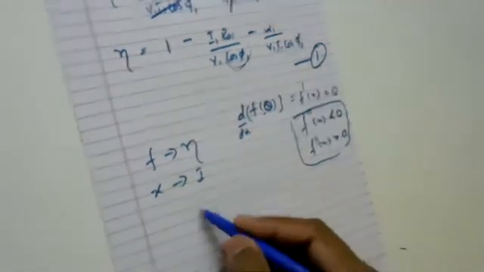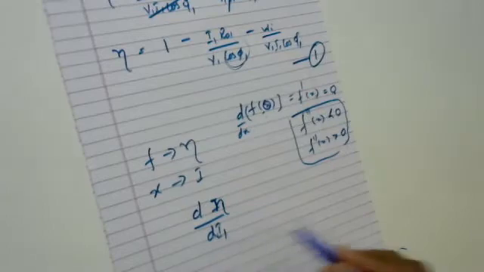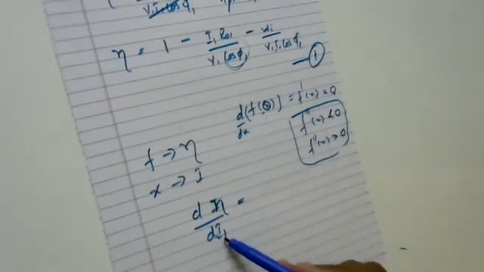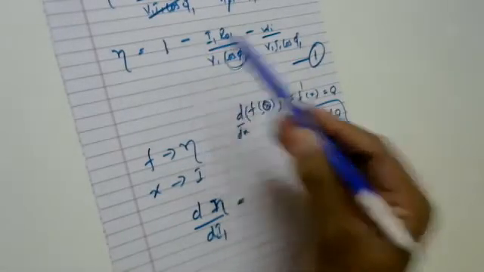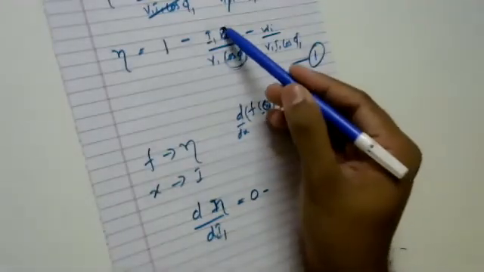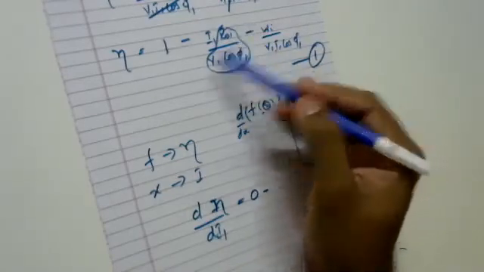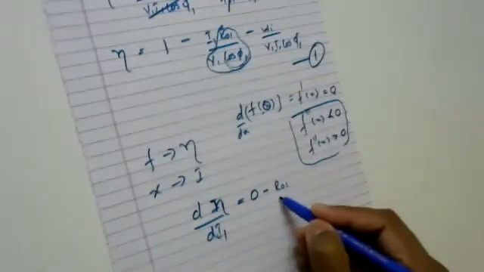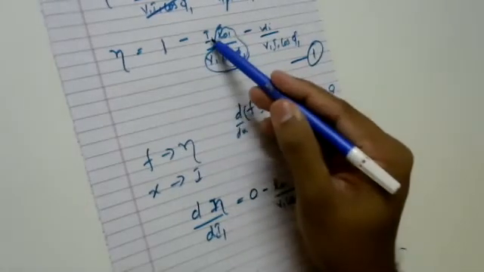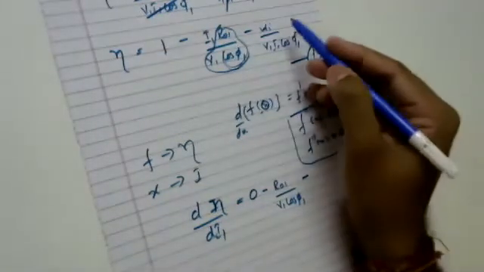So what are we doing now? d eta by d I1. So differentiate equation number 1 with respect to I1. The differentiation of a constant is 0. 0 minus. So here what happens? R01 divided by V1 cos phi 1 is a constant. So I take it outside. Then the differentiation of I1 is what? 1. Okay, done. Then next, minus Wi.